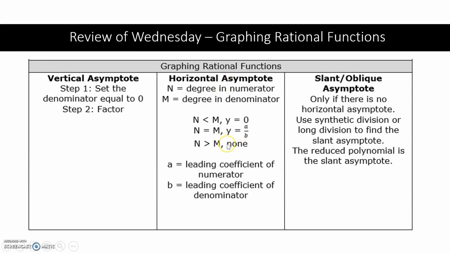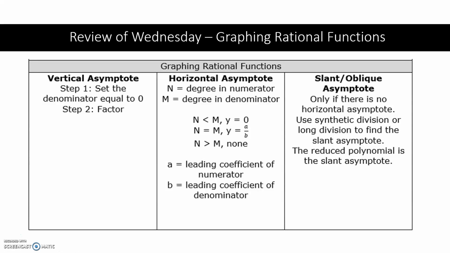That means there's no horizontal asymptote, so there's going to be a slant or an oblique asymptote. Slant and oblique asymptotes mean the same thing. To figure out where the slant or oblique asymptote is, we're going to use synthetic division or long division, and the reduced polynomial is the slant asymptote.